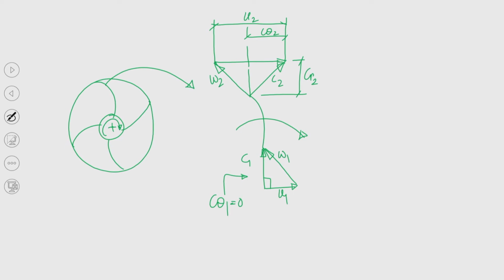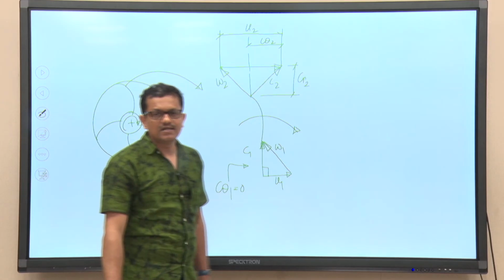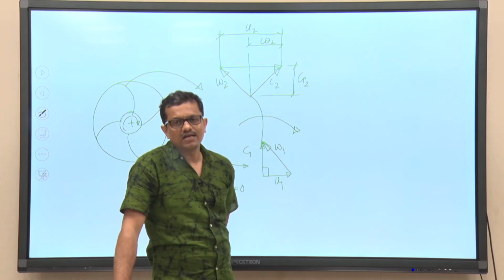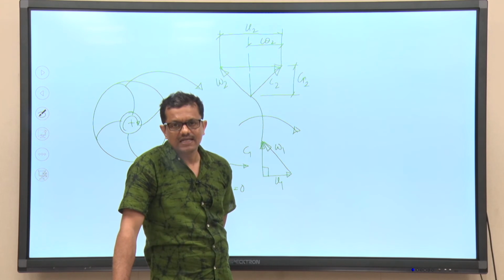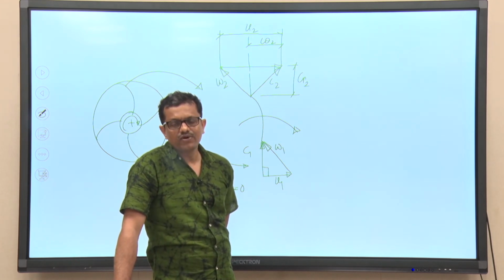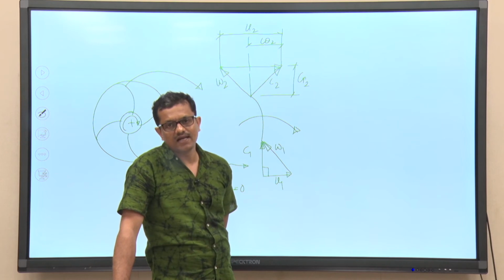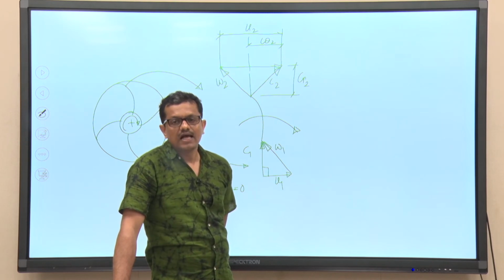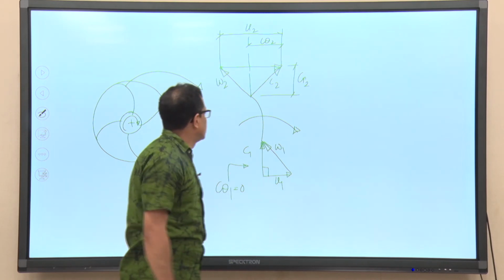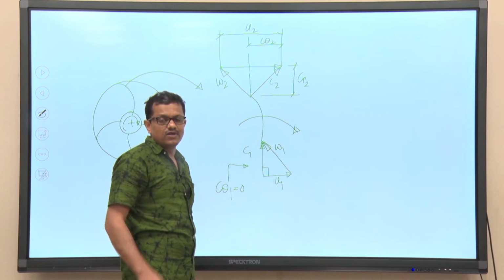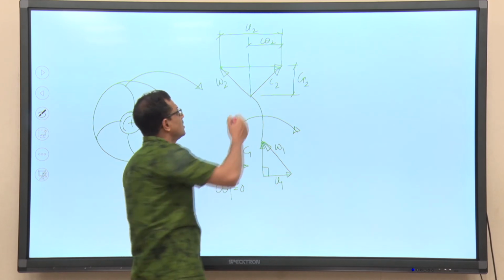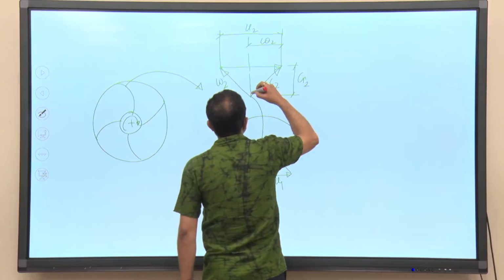But from the problem statement itself we have understood that when the pump is rotating, the flow direction will not follow the blade angle at the outlet, and as a result the absolute velocity and relative velocity will change their location from the original one.